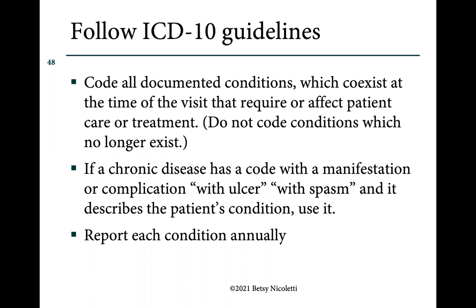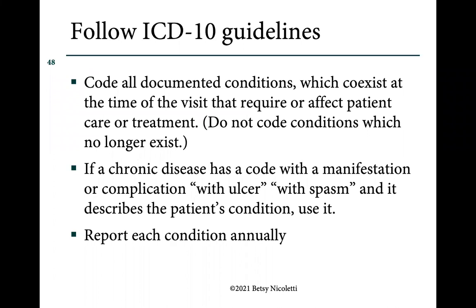So we're going to code conditions that exist today. So if the patient is still having any symptoms from the COVID with pneumonia, then I would continue to use those diagnoses. If they are symptom-free, then we're going to find you a history of diagnosis code. A patient who has had an MI within the last 28 days, we continue to use the MI diagnosis code.